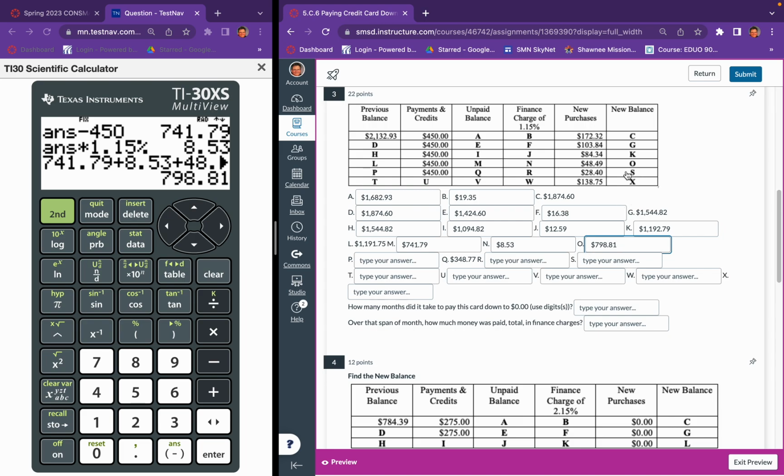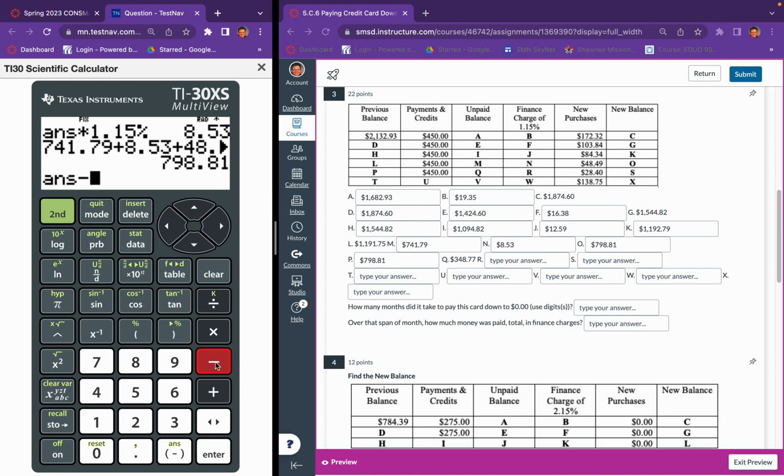And O and P are going to be the same thing, because what you end one billing cycle with is what you begin the next billing cycle with. Okay. We're going to make a payment of $450.